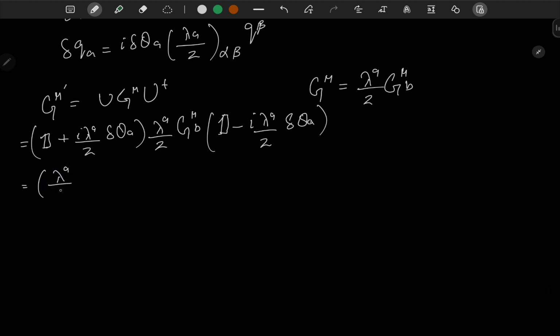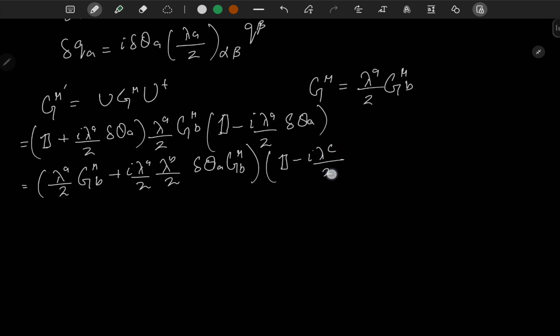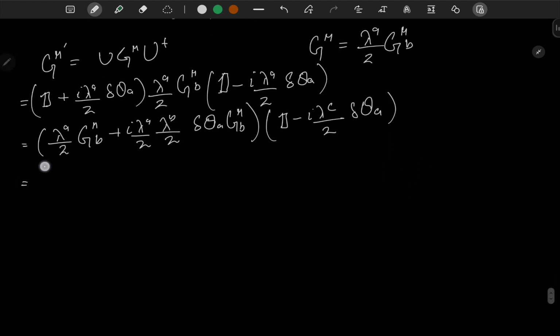Lambda A divided by 2 g mu of p plus iota lambda A divided by 2 lambda p divided by 2 delta theta A into g mu of p, multiplied with this expression right here. So I have to use A, B and C to make the distinction.